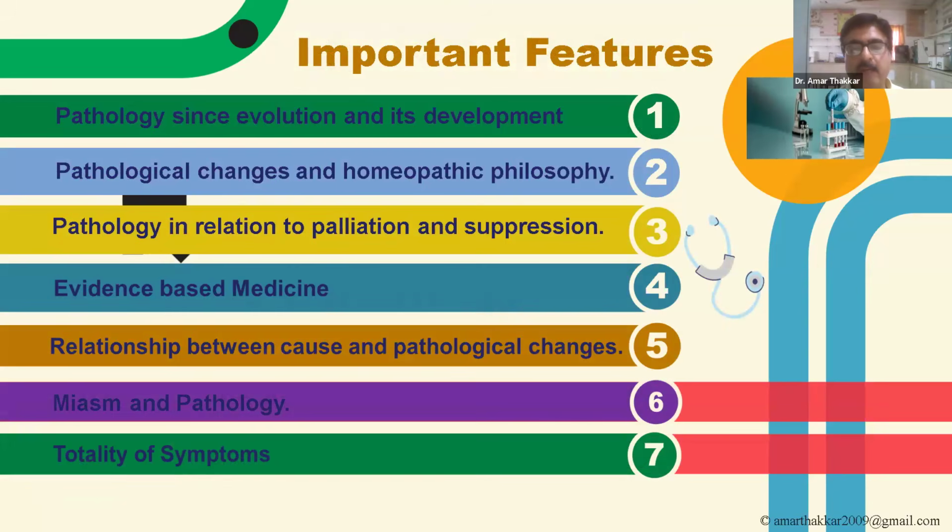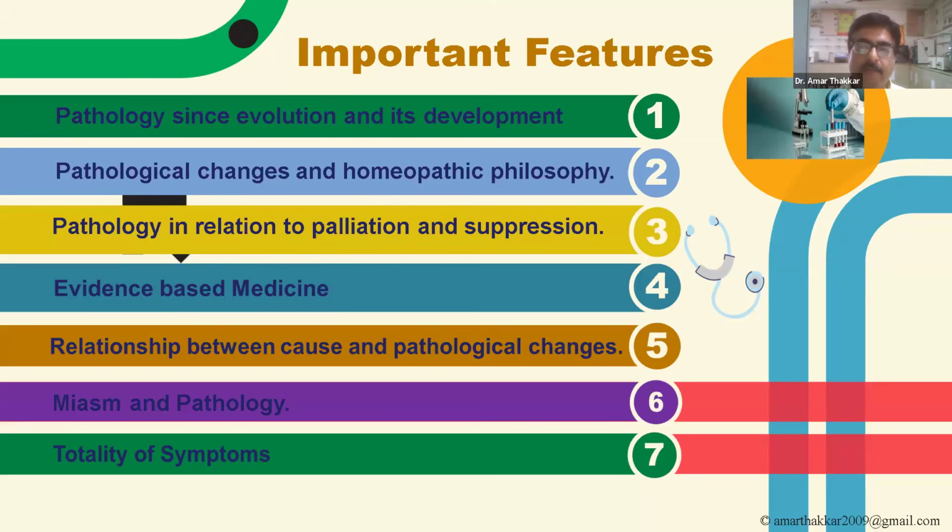Here we will have a glance at how right from the start of evolution till today's time, pathology has evolved in relation to the field of medicine as well as homeopathy. The second topic is describing how different pathological changes are correlated in homeopathic philosophy.